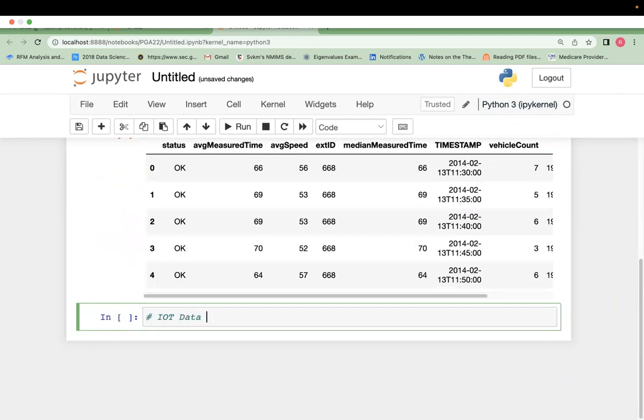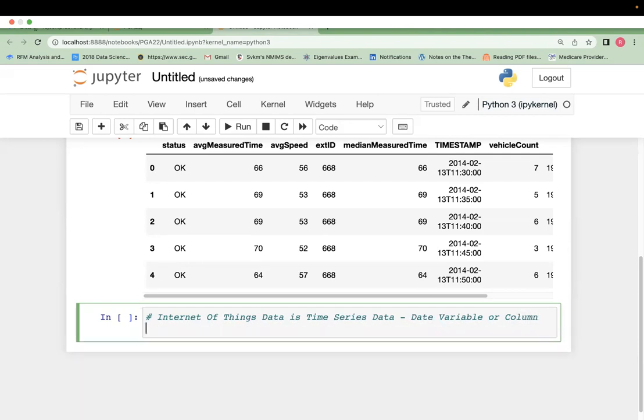IoT data is time series data. What is IoT? Internet of Things, where data is captured through sensors, not through human beings, is time series data. A date variable or column will be there in the data.